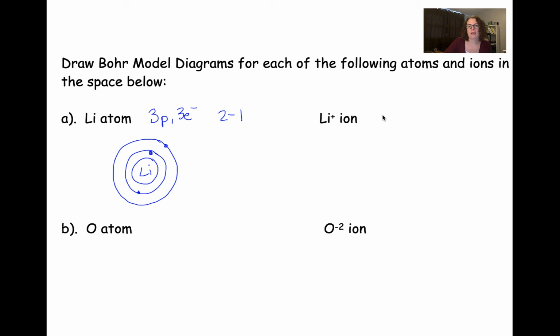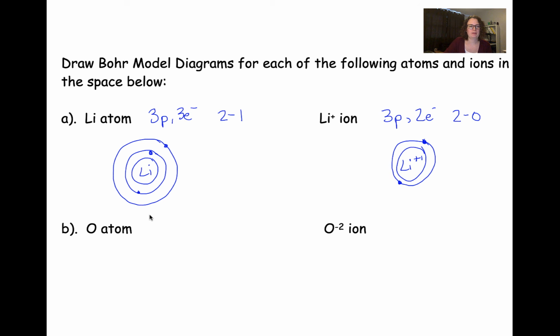For the lithium plus 1 ion, I'll still have 3 protons, and to get a plus charge, I need 2 electrons. For my new electron configuration, I'll lose the electron from my outermost valence shell, so it will be 2, 0. My lithium plus 1 ion will have 2 electrons in shell 1 and no electrons anywhere else.